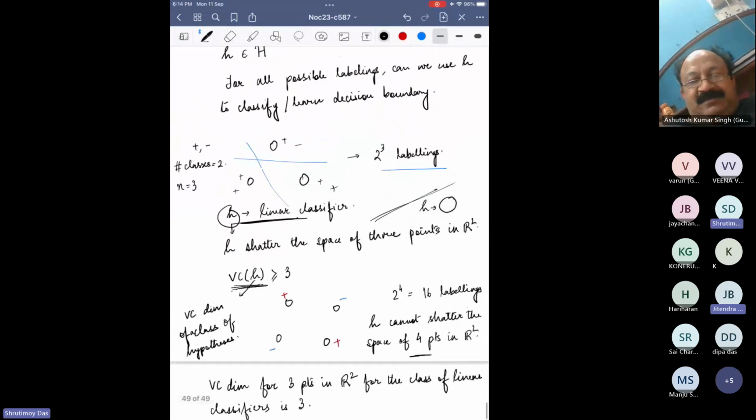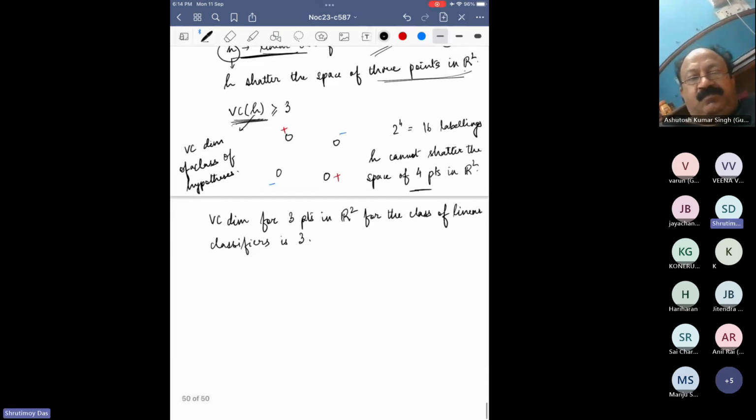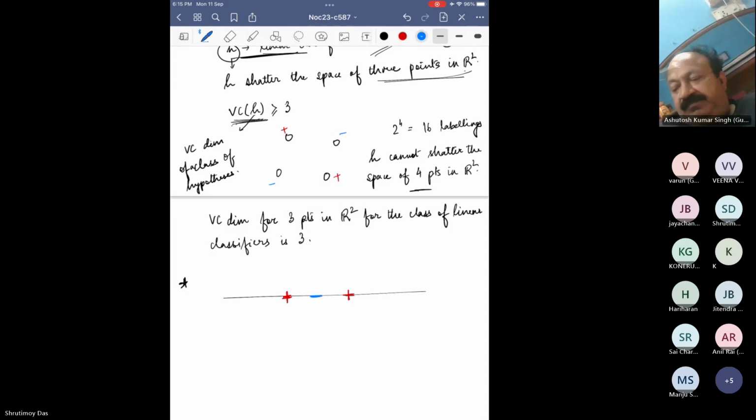Okay. If our points are like this, 3 points spread in R2, and we are talking about a linear classifier, then we can say that the VC dimension is 3. But suppose we take this example where we have 3 points again, but now the 3 points are on the real number line, labeled in this way.